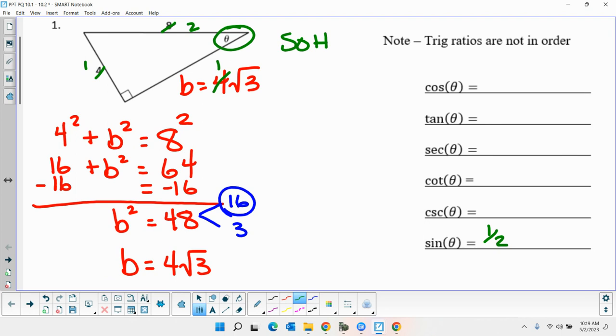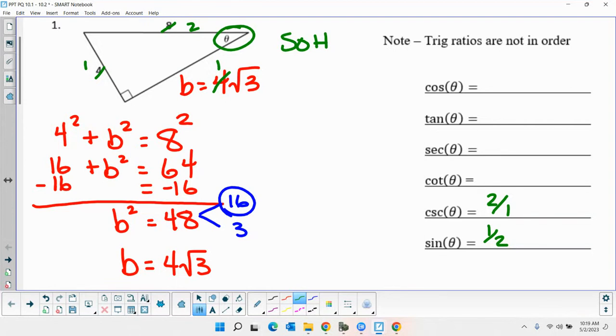So I always learned sine, cosine, tangent, but I didn't give you the answers in order, right? What's the reciprocal for sine? Which one of them? CSC, cosecant, the one right above it, right? So what's this going to be? You just write 2 if you want. 2 over 1 is okay.